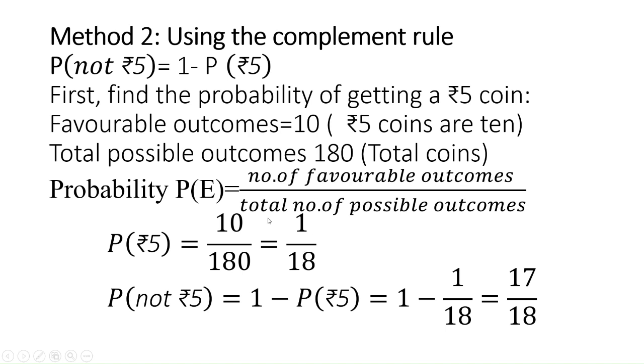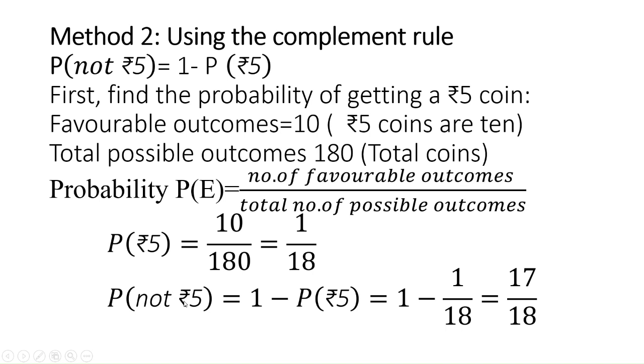So we are able to find out the probability of getting a 5 rupees coin, that is equal to 1 by 18. But what did they ask? They asked us to find the probability of a coin which is not a 5 rupees coin.